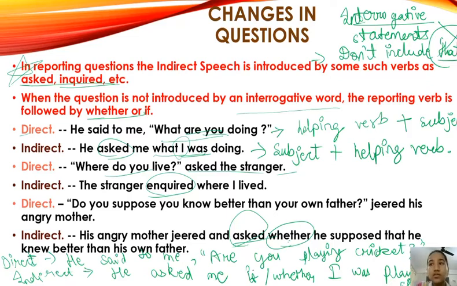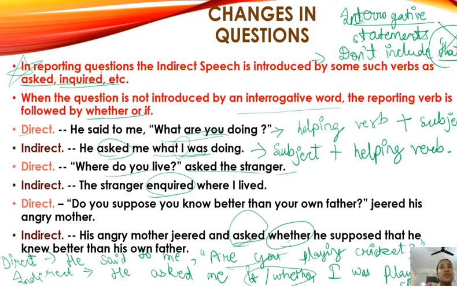When the question is answered in yes or no, like "Are you drinking coffee?", "Are you eating the breakfast?", "Is she dancing?", at that point you have to use if or whether, whichever you think is correct.